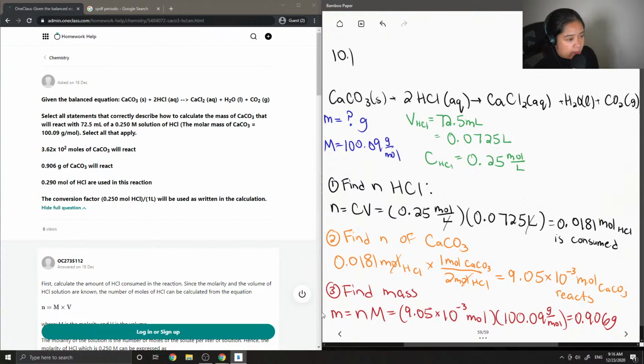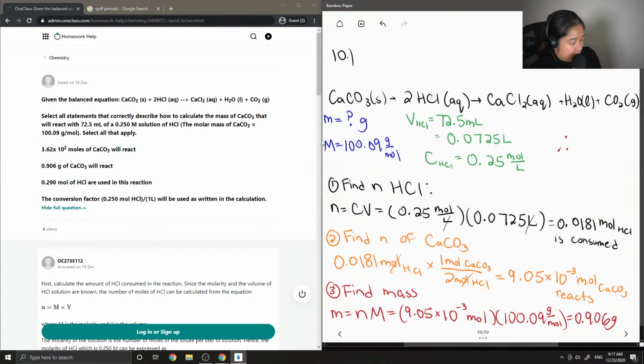Okay, so now let's look at the options they give us in the question. 3.62 times 10 to the 2 moles of CaCO3 will react, so that's not correct. 0.906 grams of CaCO3 will react, so that is correct.